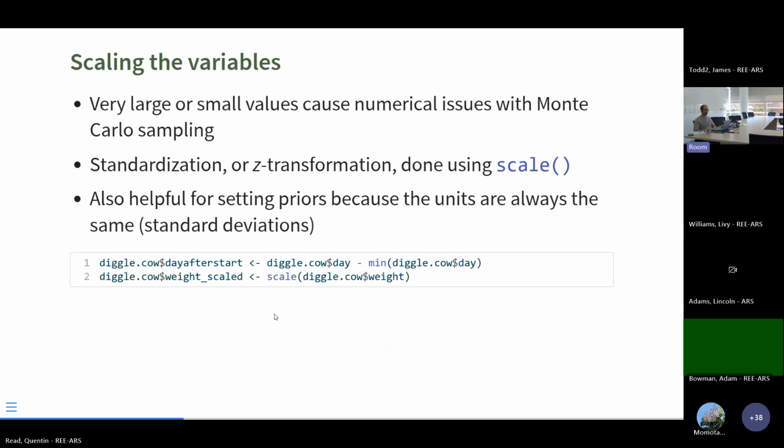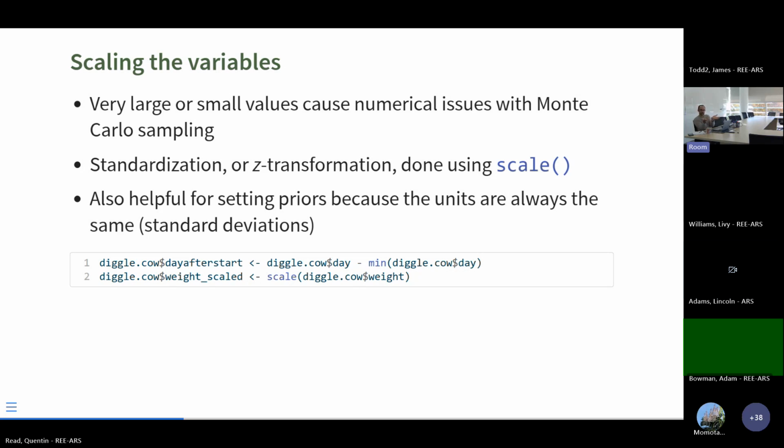Another thing we're going to do to the data before we stick it in our Bayesian model is scale the variables. Anytime you take a variable and either multiply it by a constant or add or subtract a constant from it, that doesn't really affect the distribution of that variable at all, right?